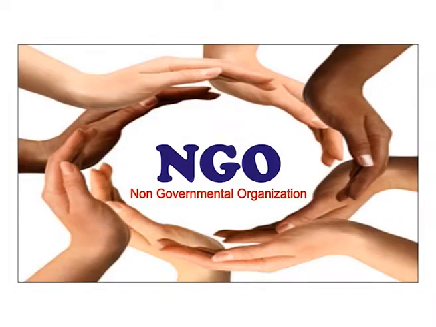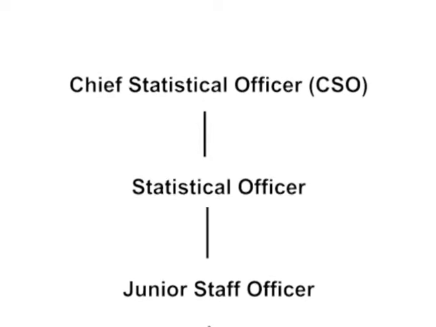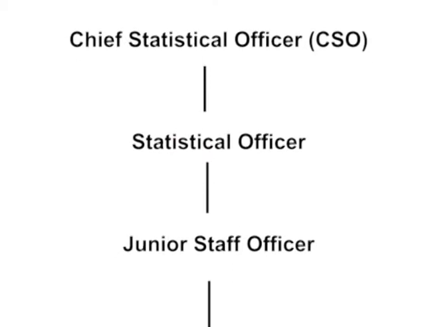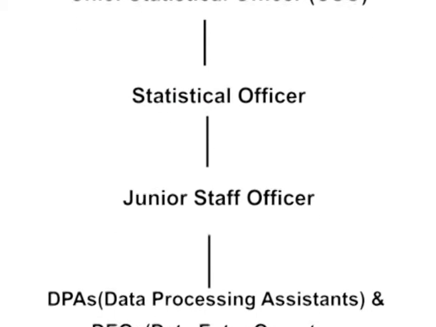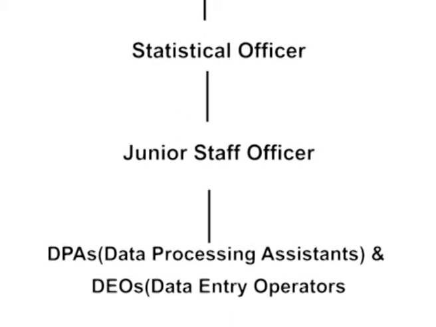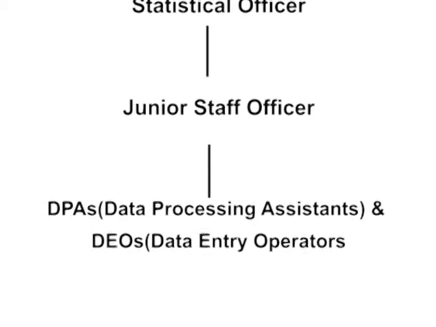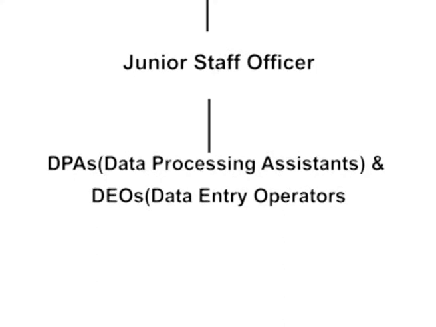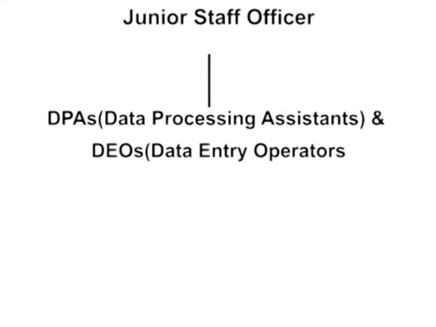The branch also provides data to other users, ministries, researchers and NGOs. The branch is headed by Chief Statistical Officer (CSO), assisted by other officers as given in the undermentioned chart: Chief Statistical Officer CSO, Statistical Officer, Junior Staff Officer, DPAs Data Processing Assistants and DEOs Data Entry Operators.